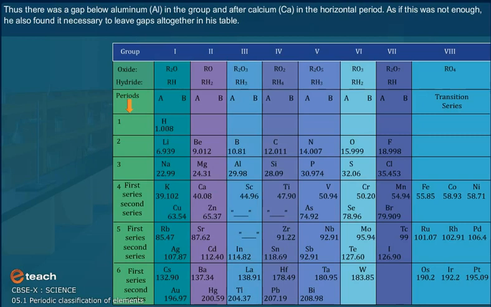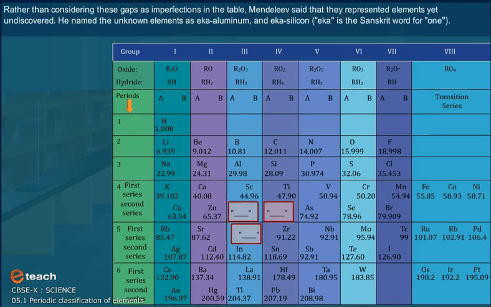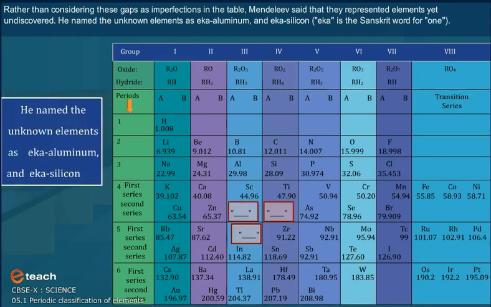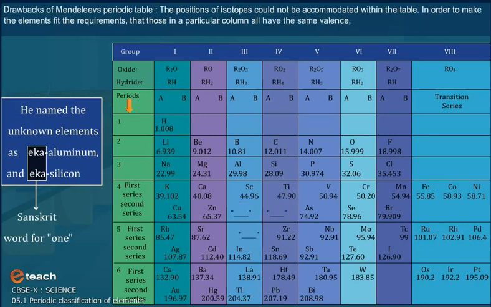As if this were not enough, he also found it necessary to leave gaps altogether in his table. Rather than considering these gaps as imperfections in the table, Mendeleev said that they represented elements as yet undiscovered. He named the unknown elements Eka-aluminium, Eka-silicon. Eka is the Sanskrit word for one.